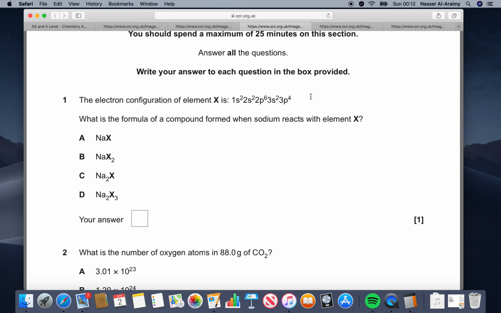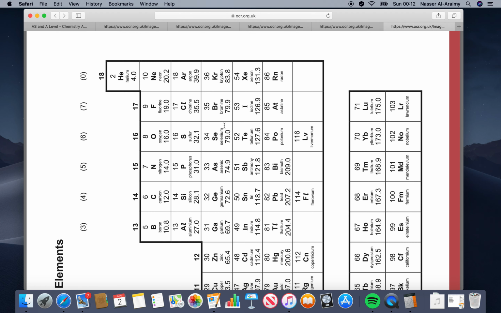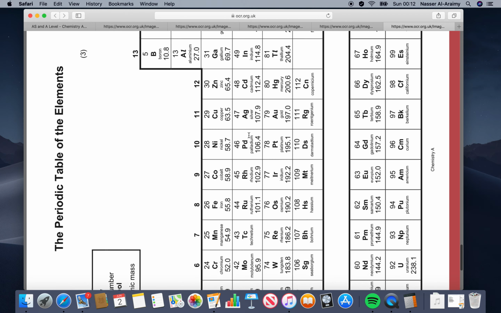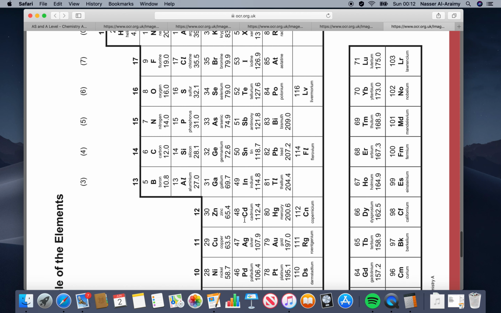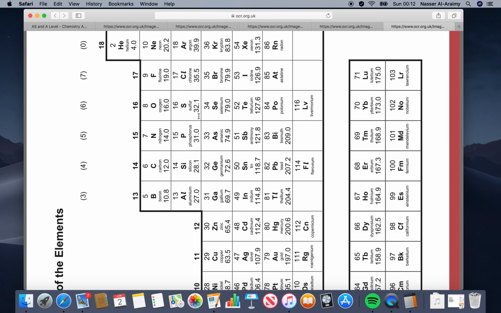You've got to figure out, okay, what's the compound? How's that going to work? Well, sulfur is in group 6. So what does that mean? In order to balance out for Na, we've got to make sure that there are 2 Nas for every sulfur.